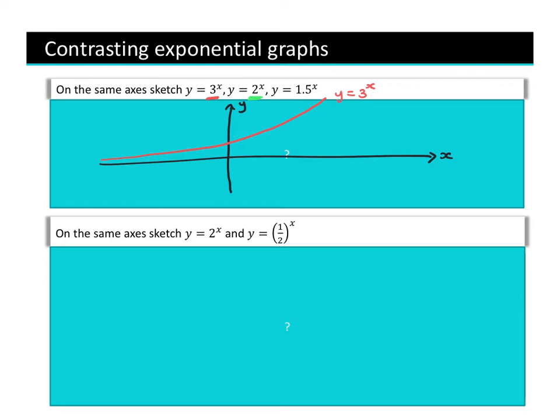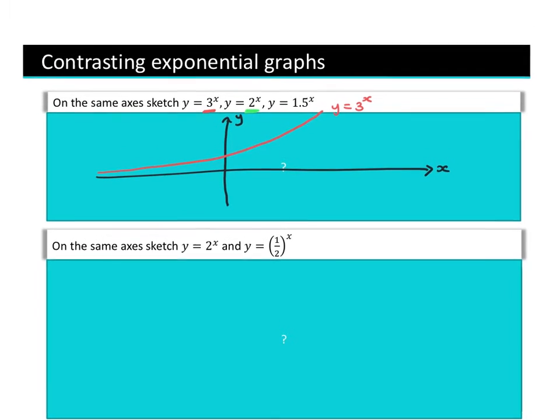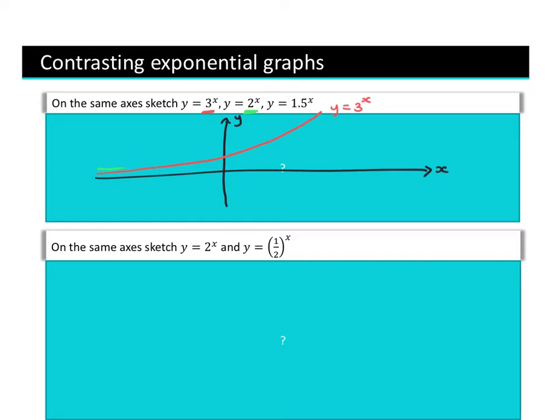So on the left-hand side, y equals 2 to the x is going to be above the line of y equals 3 to the x, but below it on the right-hand side where x is positive. It's going to look like this. It's above here, but still crosses at 1, and then it's below. Okay, because we know that 2 squared is 4, but 3 squared is 9.